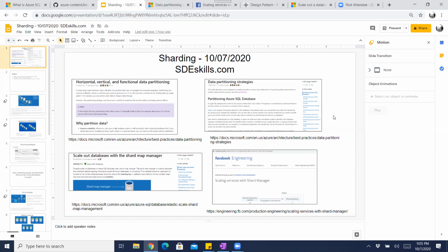So I captured those things from this article, and their general shardlets concept and shard map manager. But if somebody is interested, it has links and you can do a deep dive. This was a good list to look at.